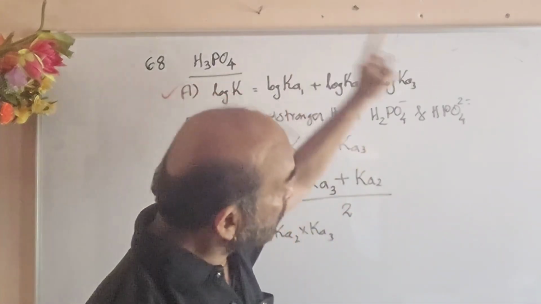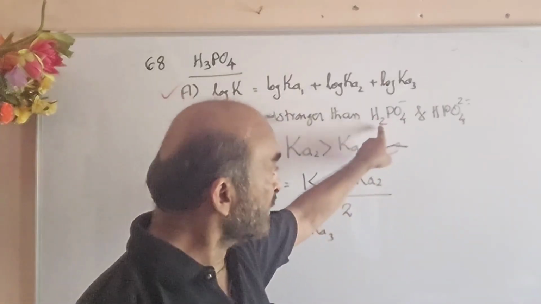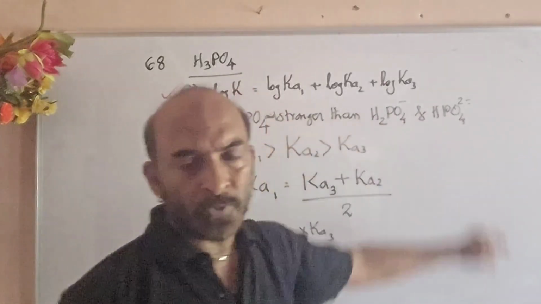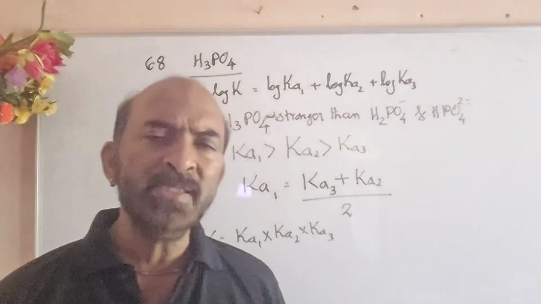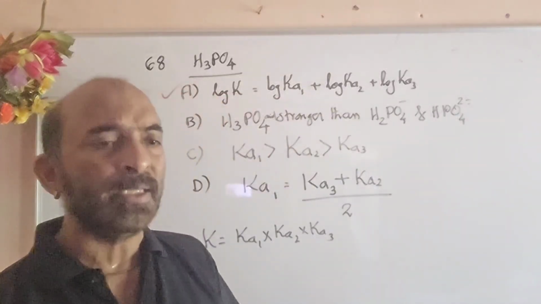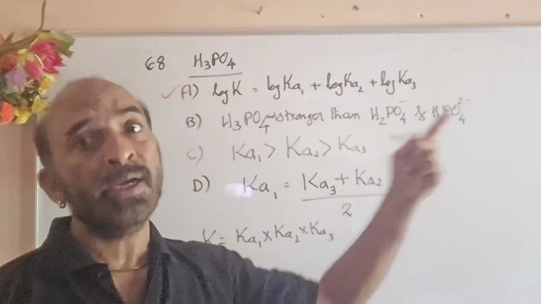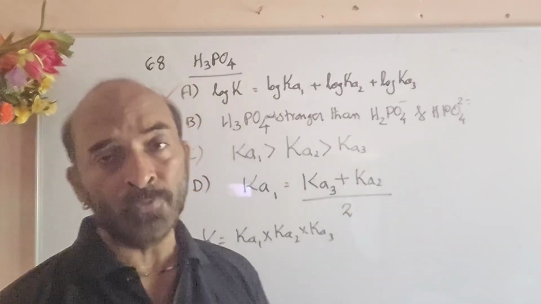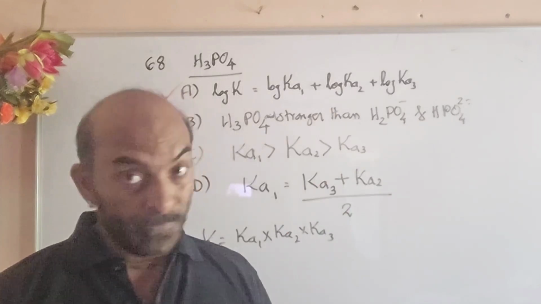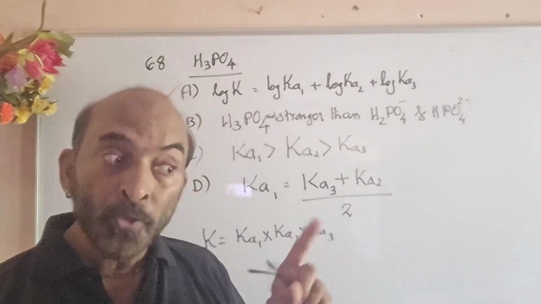And upon the third ionization, see the HPO4, once it ionizes, it becomes HPO4 2 minus. The third stage ionization is still difficult because an H plus, a positive charge, has to move away from a doubly negative charged anion, which is HPO4 2 minus. Once it moves, it becomes triply negative charged, PO4 3 minus.